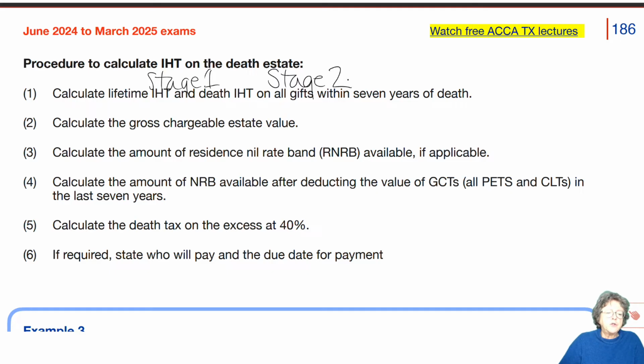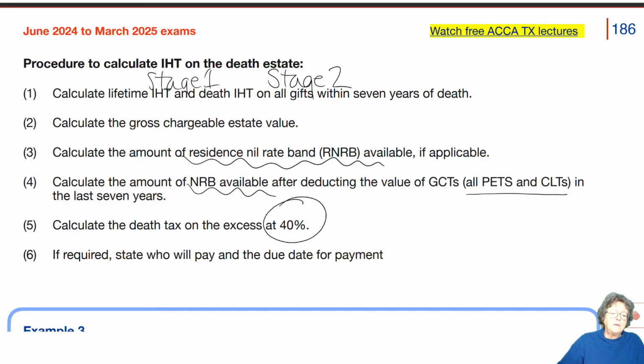Calculate the gross chargeable estate value, the amount of the nil rate band for the residence, which we'll have a look at later, the nil rate band available after you've taken anything out for PETs and CLTs, tax the estate at 40%, and state who will pay and the due date.